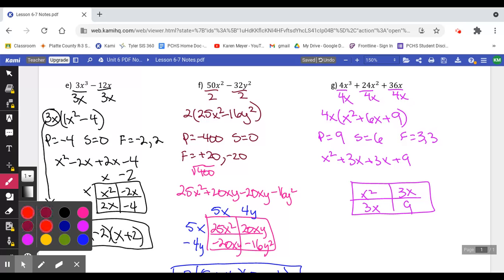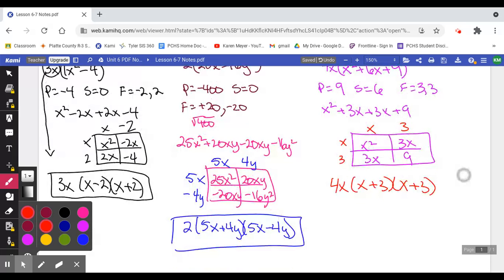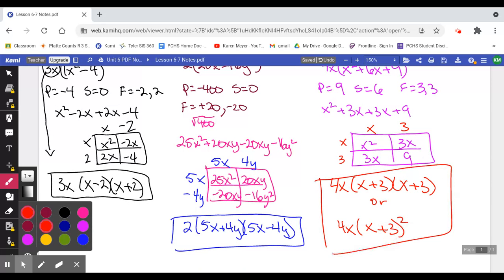And GCF here, I can take out an x, a 3, an x, a 3. So I got x plus 3, x plus 3. Put your GCF out in front, which was 4x. Or, remember, you could write your answer as 4x parentheses x plus 3 quantity squared. And we're done.